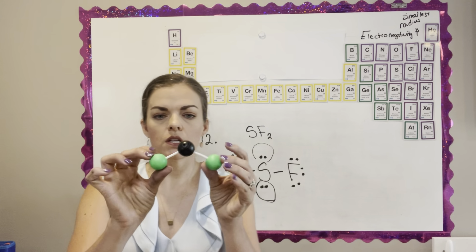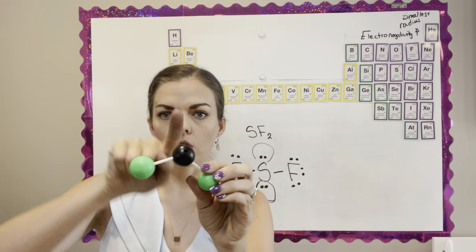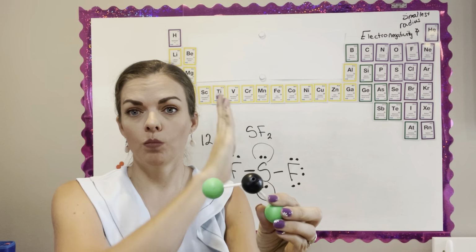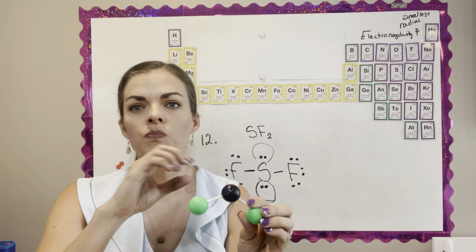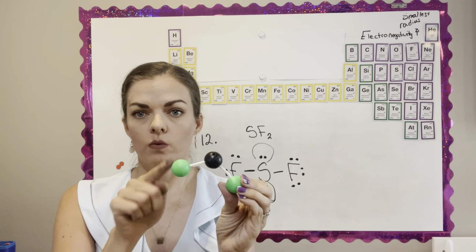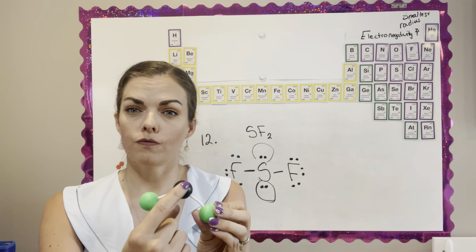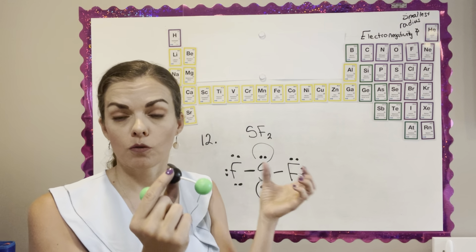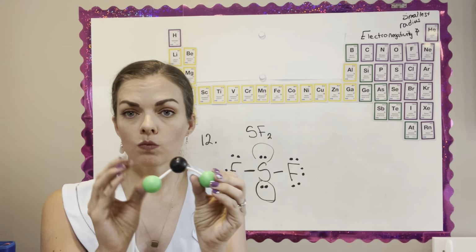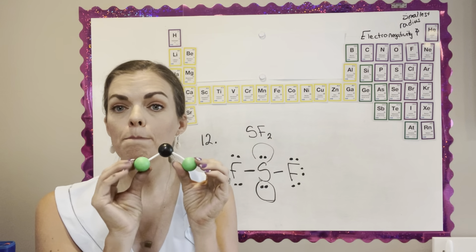So these electrons are up here. One technically would be coming back into the board, and one would be coming out of the board, and they're taking up a lot of space, and they're pushing the fluorines down, and this is the sulfur. So the shape that this makes, as I've drawn it incorrectly for my Lewis structure, when we make this stick structure, it's called a bent shape.